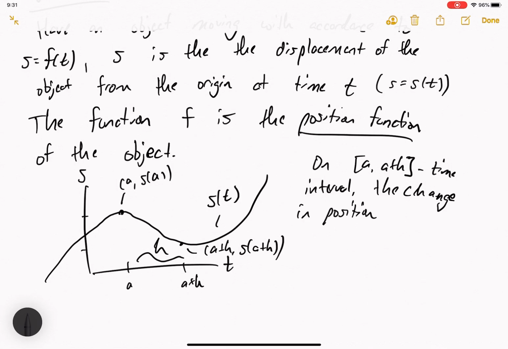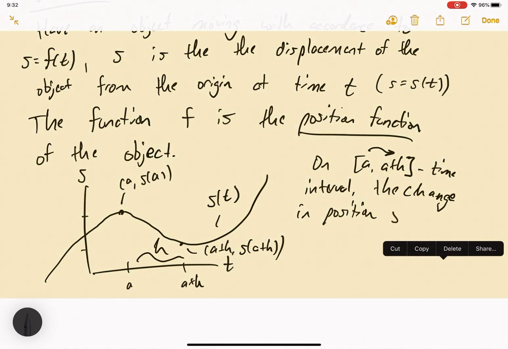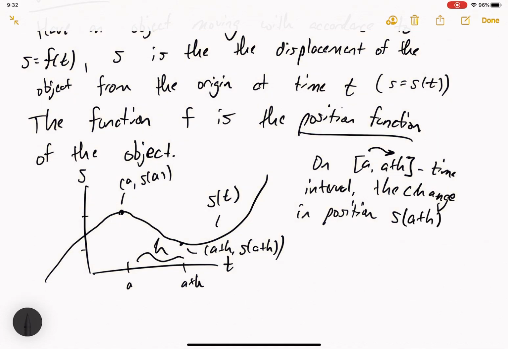Remember, we have to start from the beginning time to the end time, so we go from a to a plus h. That would be our final distance minus our initial distance, which would be f of a plus h minus f of a. Or let me keep it consistent with the notation: s of a plus h minus s of a.